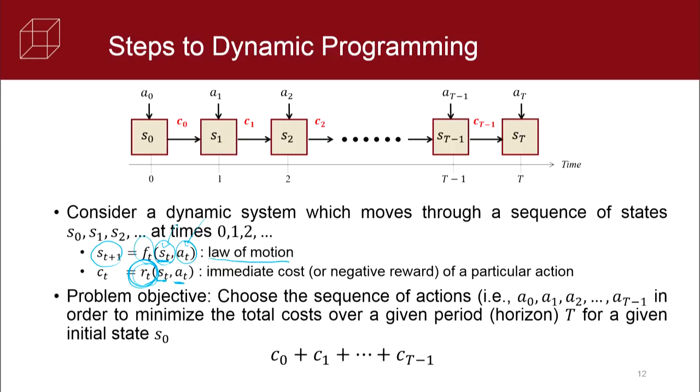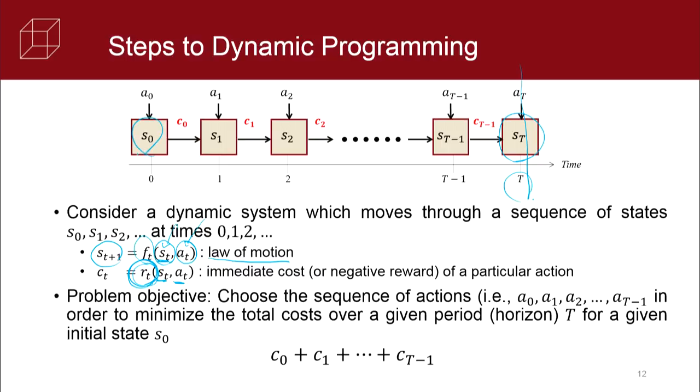So given these two functions, the problem is to choose the sequence of actions a_0, a_1 through a_{T-1}, assuming that the problem finishes at this time, in order to minimize the total cost over the given time horizon T, for the given initial state s_0.